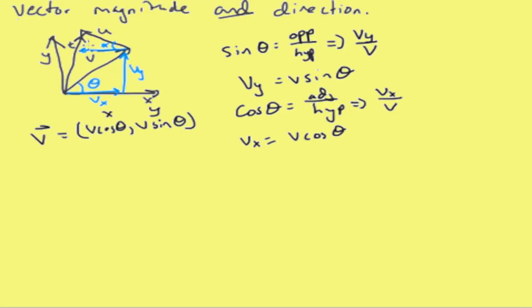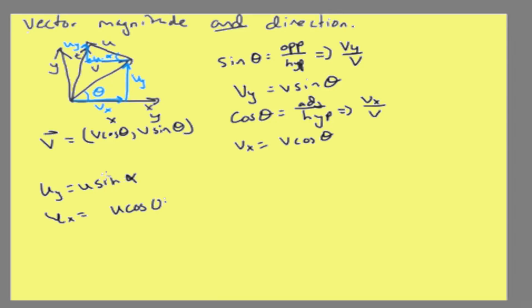We can have our u of x and our u of y, and using this right here, our u of y will be u sine alpha, and our u of x will be equal to u cosine alpha, and we have to add in a negative sign because it's pointing in the opposite direction over here.